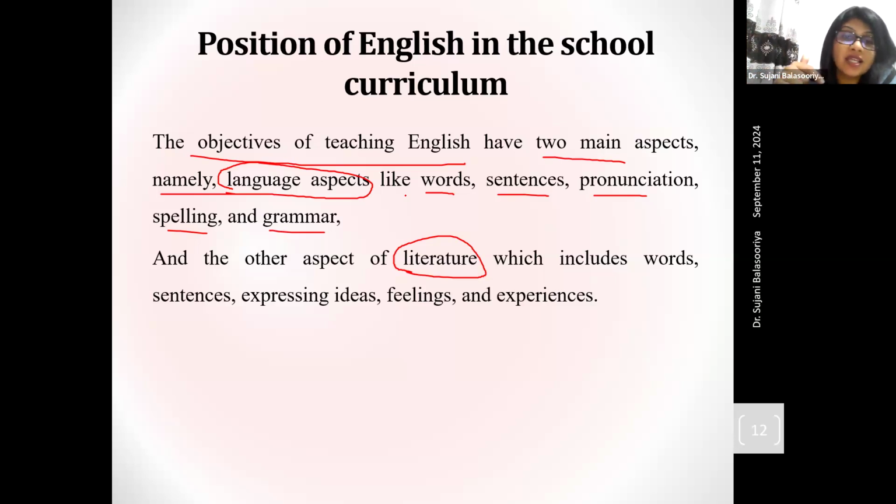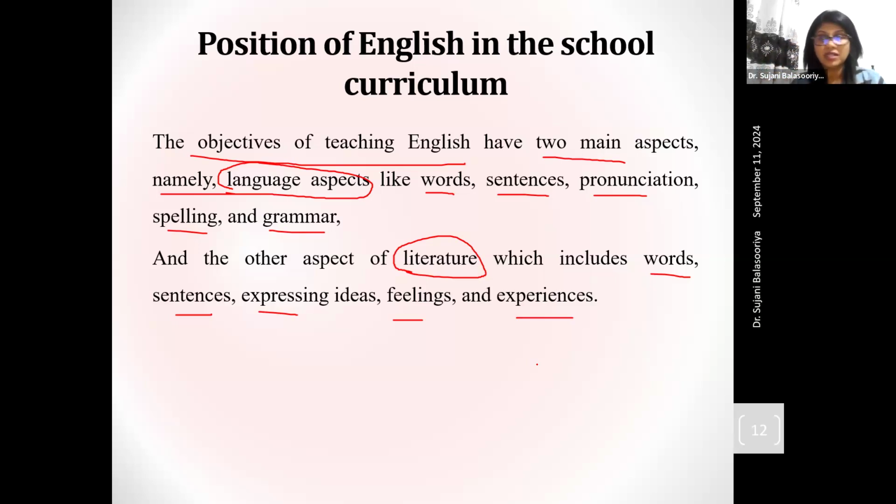The other aspect is literature. That includes words, sentences, expressing ideas, feelings, and experiences. Don't think that here we have words and sentences overlapping or repeating. No, actually the focus is different here, right? Now, don't mistake the word literature here.